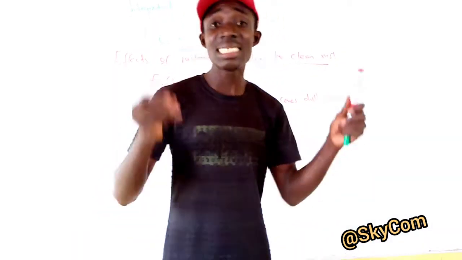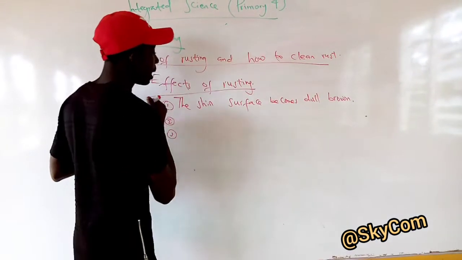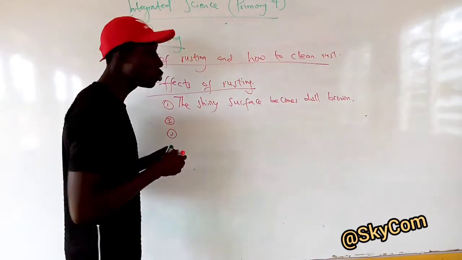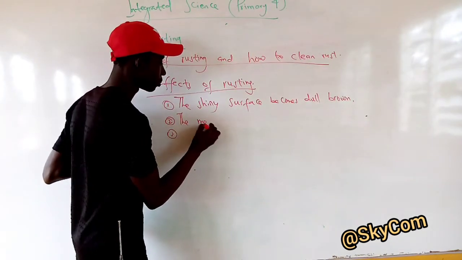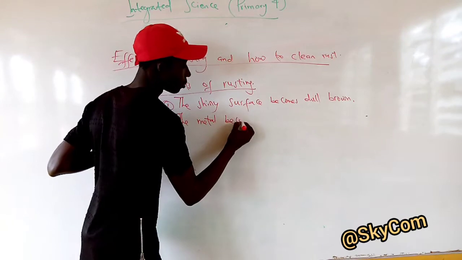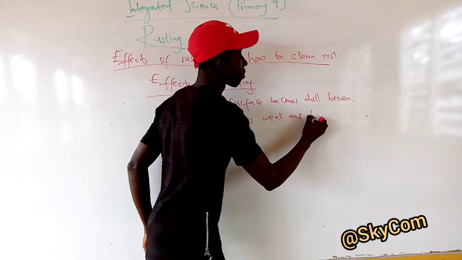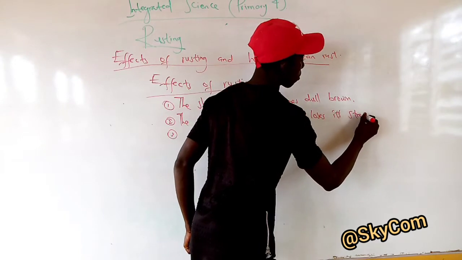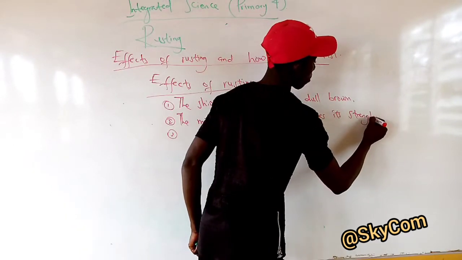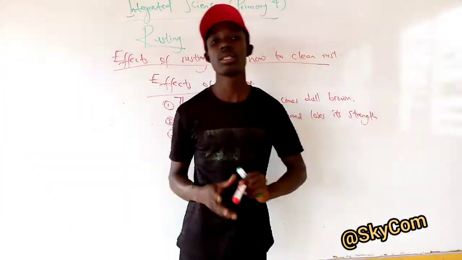Now the next one is that the metal becomes weak. Number 2, the metal becomes weak and loses its strength.